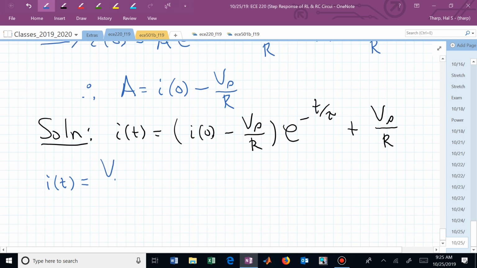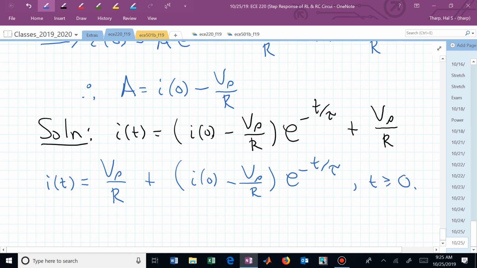We'll pull v sub s over R first, then we'll add to that the constant that scales our exponential. And here our switch was occurring at time 0. So this complete solution is now true for t greater than or equal to 0.